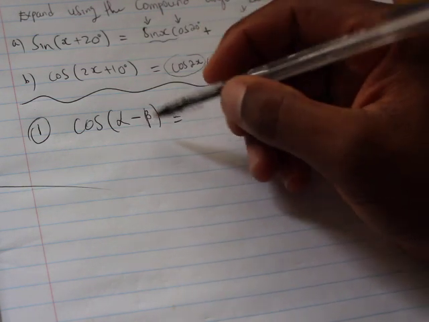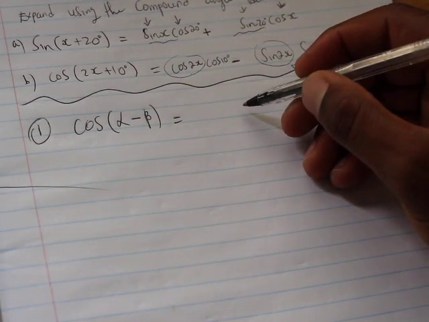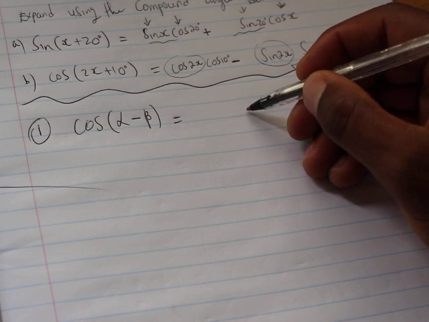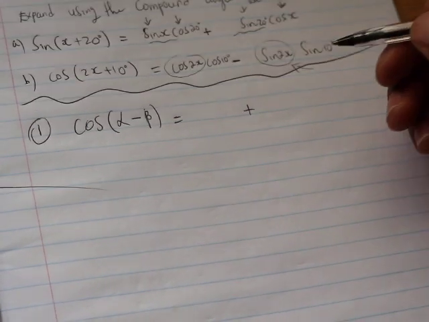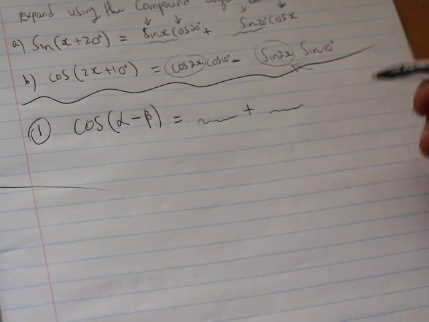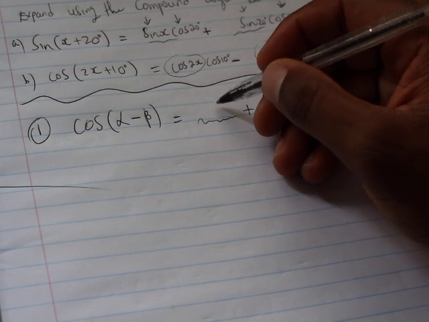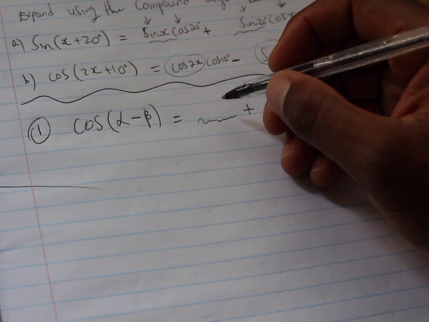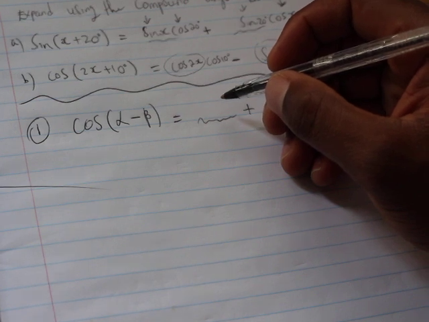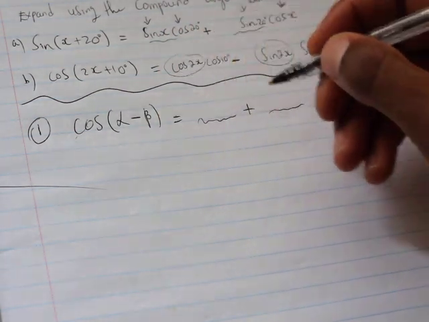Remember, the first thing that you're going to do is you're going to say, okay, if it's a minus, are we going to have a plus in between the expressions or a minus? Minus goes with plus for cos. Okay. And then we know that there's going to be an expression that goes there, and then another expression that goes over there, like a product of two trig ratios. Okay, so it's either that product consists of trig ratios that are the same or trig ratios that are different. Okay, but with cosine we know that the trig ratios are going to be the same.